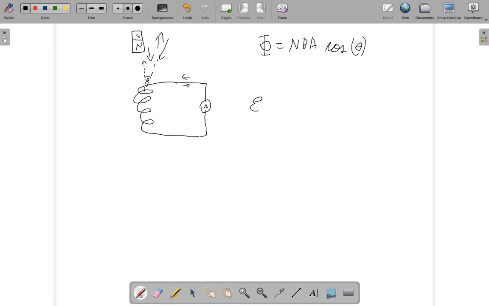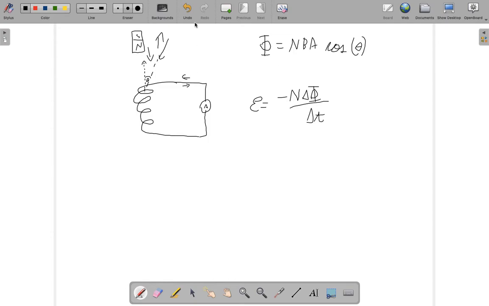So the EMF equals negative N times the rate of change of our flux linkage, our magnetic flux. And N is once again our number of coils.